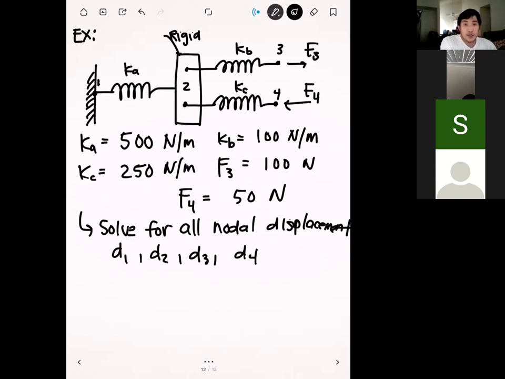Any questions on the setup for the example? Okay. So the first step in these problems is to write out the element stiffness matrices for all the elements.